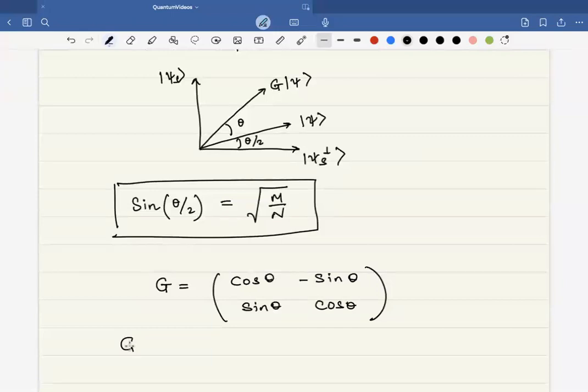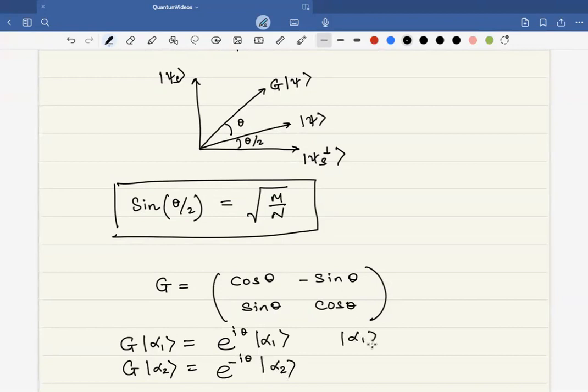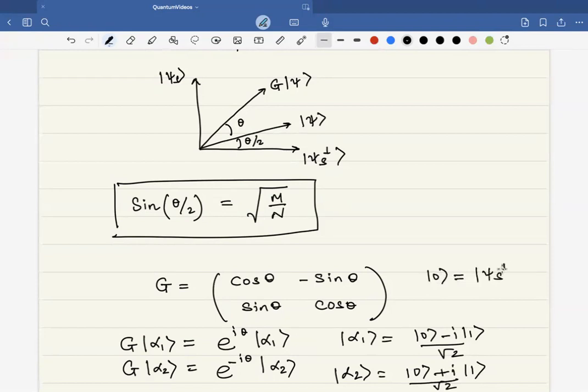And the eigenvectors of this Grover operator are e to the i theta alpha 1 and alpha 2, where alpha 1 is equal to 0 minus i 1 over square root of 2, and ket alpha 2 is equal to 0 plus i 1 over square root of 2, where 0 is referring to this vector and 1 is psi s in the two-dimensional space.